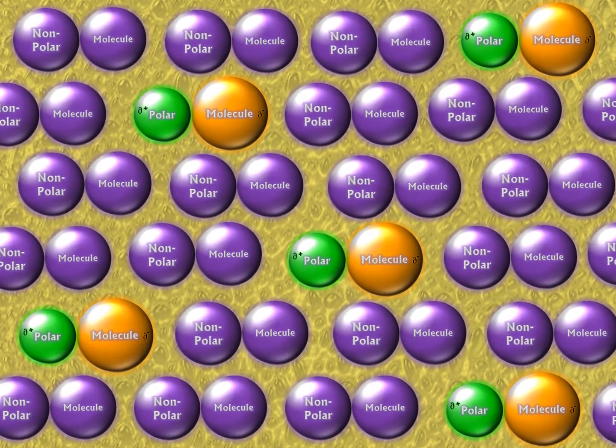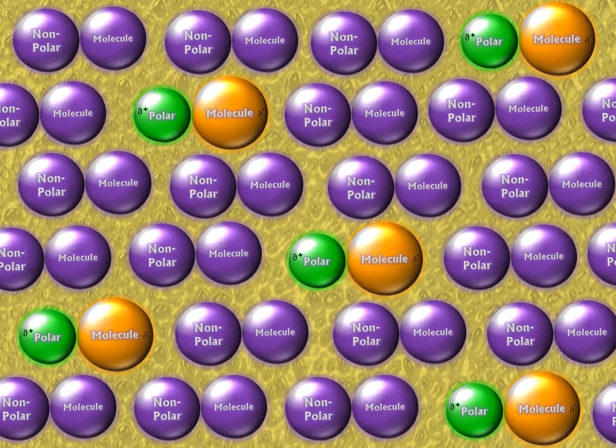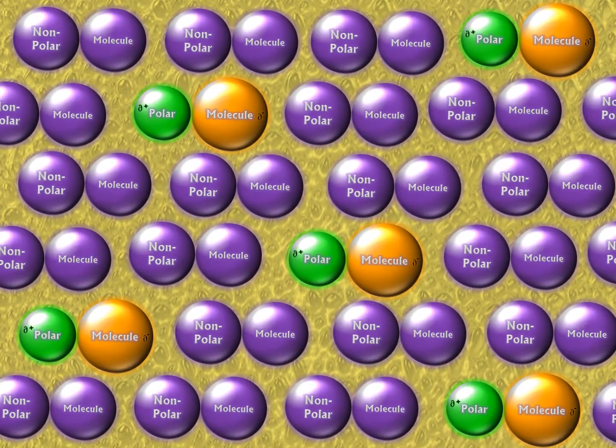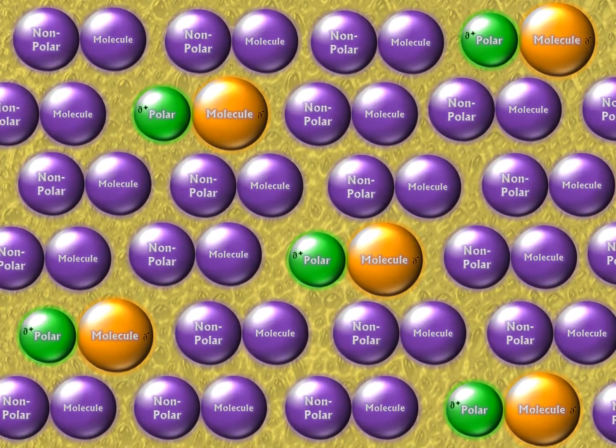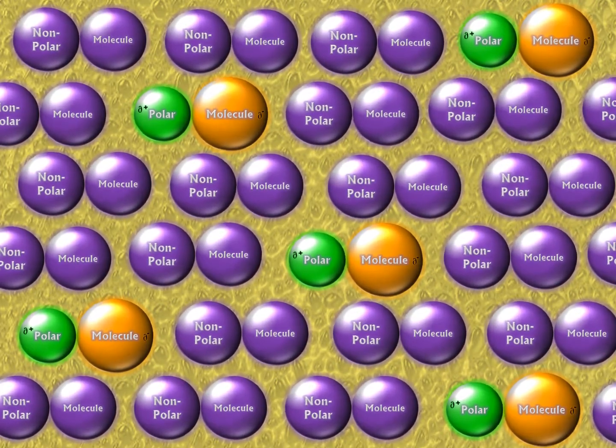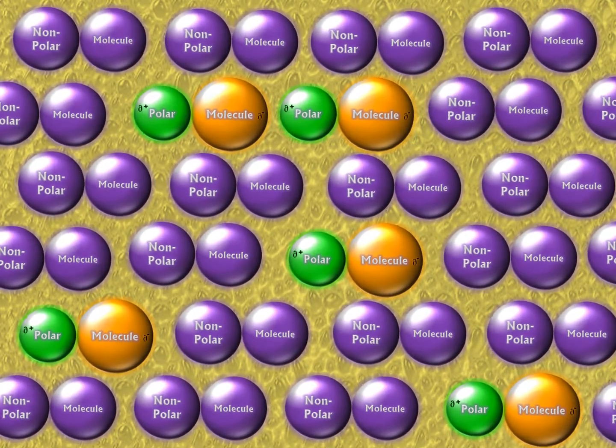Here is a diagram of where the solute is actually polar, but the surrounding solvent is nonpolar. So the solvent doesn't have much of a problem with this. It's just mildly attracting neighboring solvent particles. However, all of these little solute polar molecules have a strong attraction to each other, and so they begin to pull each other together.